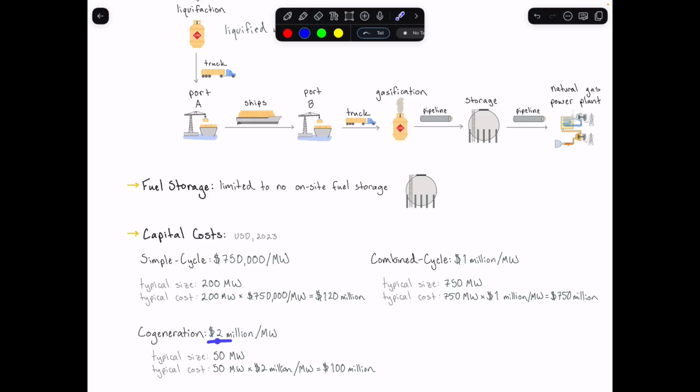So they tend to be quite a bit more expensive at about $2 million per megawatt. And so this means that the average cost of a cogeneration plant is about $100 million in the United States. Now, in certain regions around the world, it might be a little cheaper, it might be a little more expensive, but this is the data that I had access to just for this example.